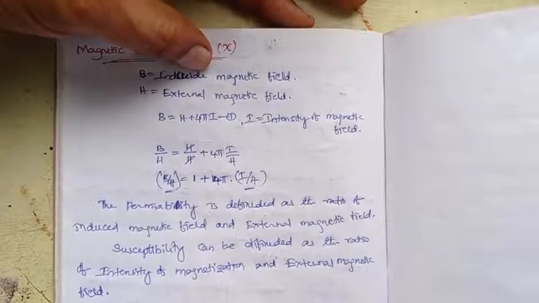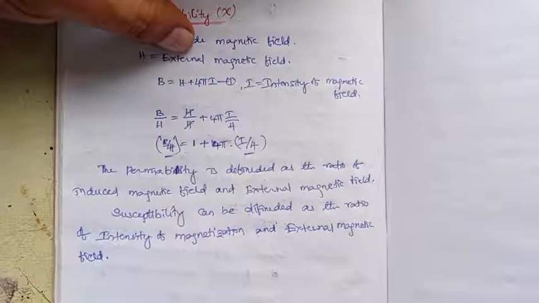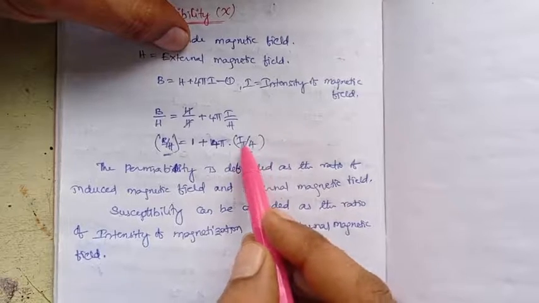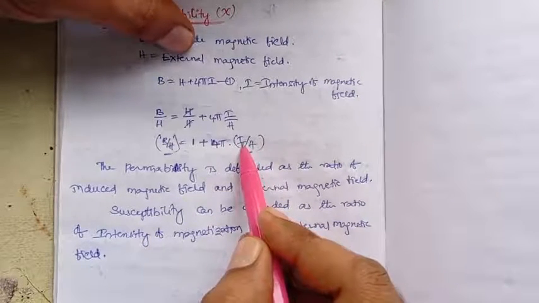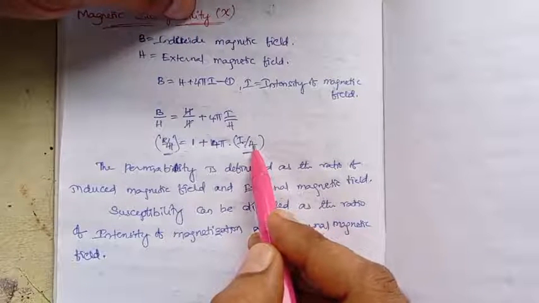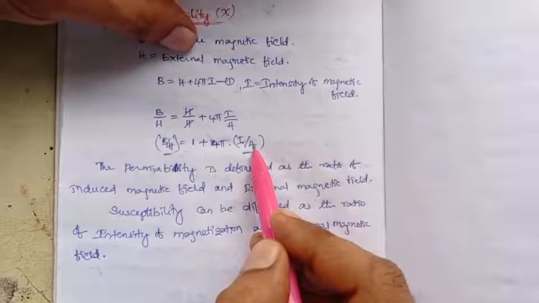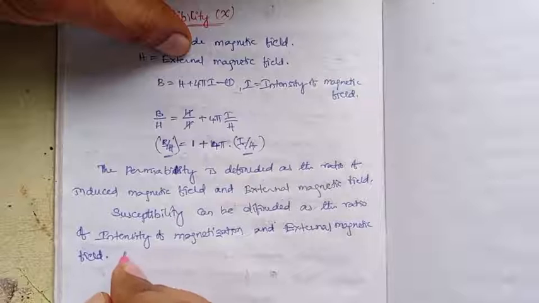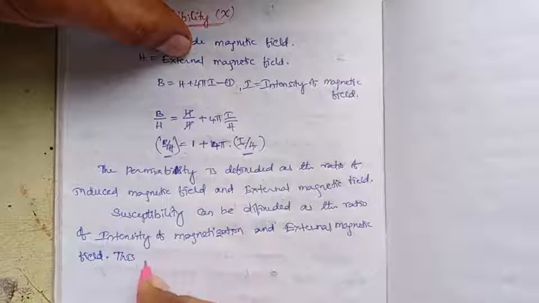Susceptibility defined as intensity of magnetization divided by external magnetic field will be known as magnetic susceptibility. This is also called volume susceptibility.